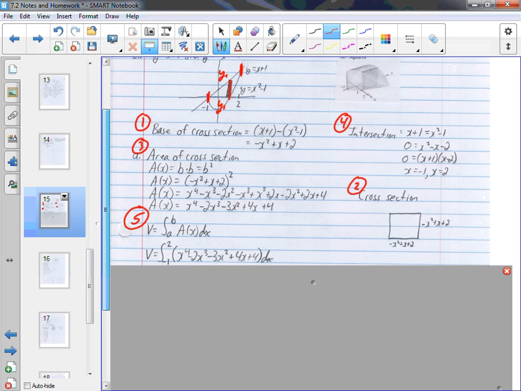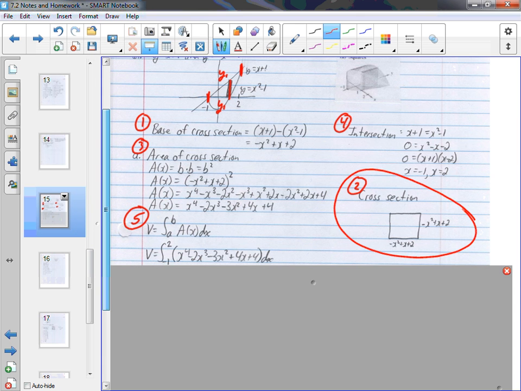And this is the easy part. All right, did you follow me all the way through this? Here's the fun part. If those weren't squares, would it all work out just like this? Finding the base of the cross section could be the same, right?